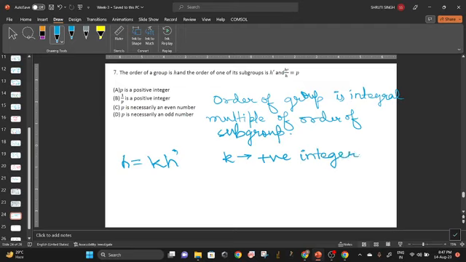Okay. Now what is given here? H prime by H. So we will write it in terms of K, it will be 1 by K. So what is this? 1 by K is given as P, since K is a positive integer.